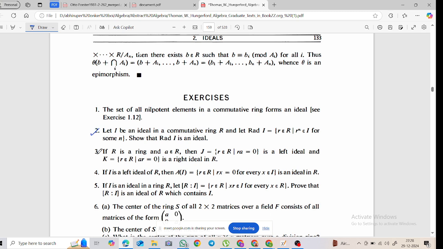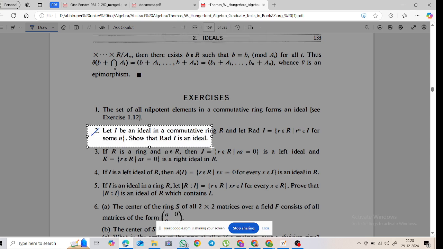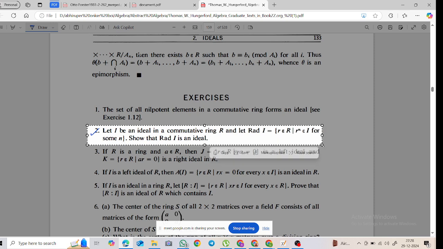So what about this? How to do this? See, you can check it element wise.